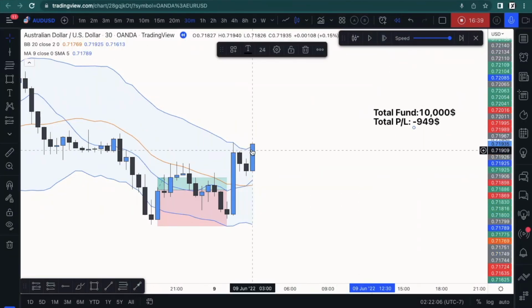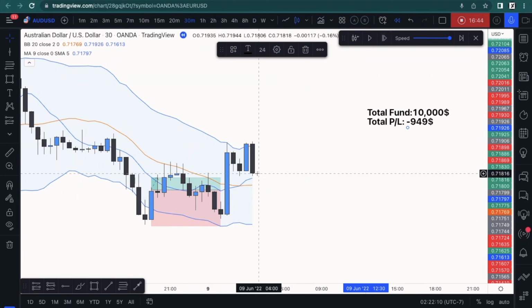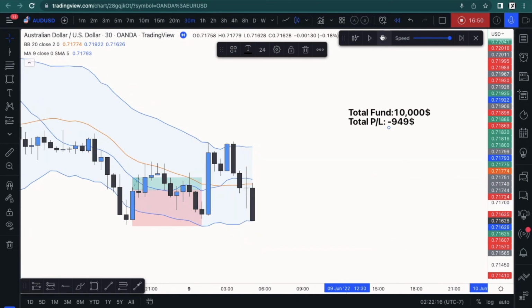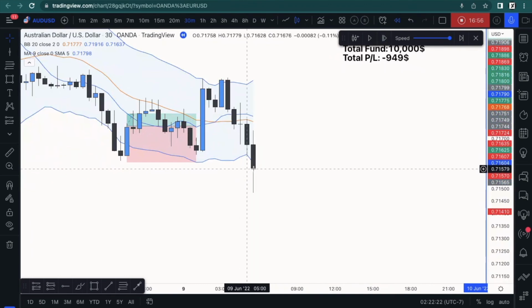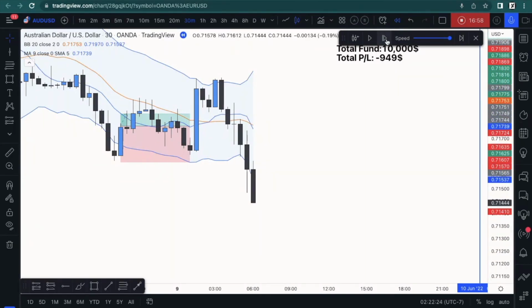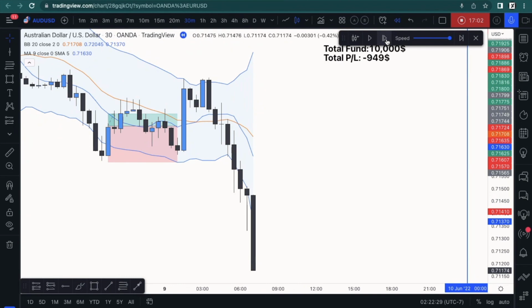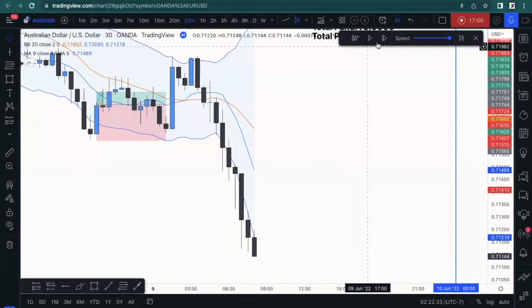Okay, price trading outside the upper band. It did close inside, but it's very close to the moving average, so let's not take this trade. Don't risk that much. Okay, price is trading outside the lower band, so once we close inside we are going to take the trade. It's simply going down and down.